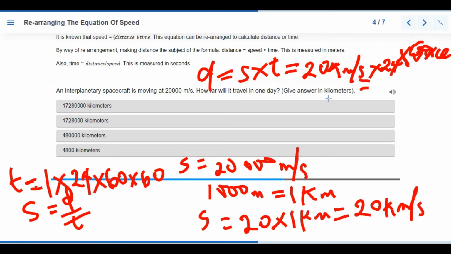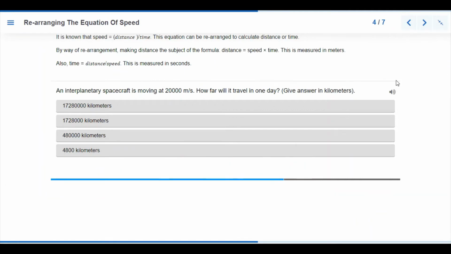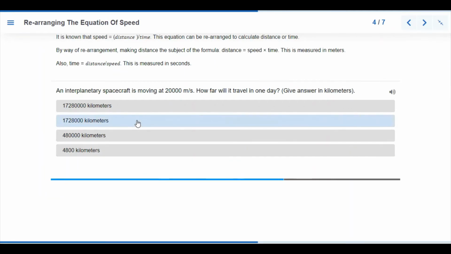And let's see what the answer will be. 1,728,000 kilometers. Is it part of the options? Let's check. Correct.